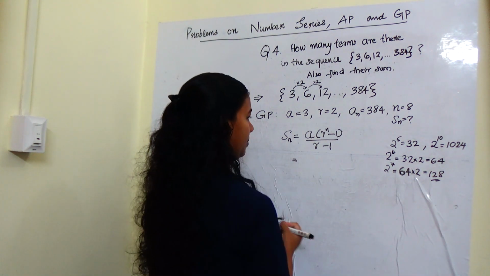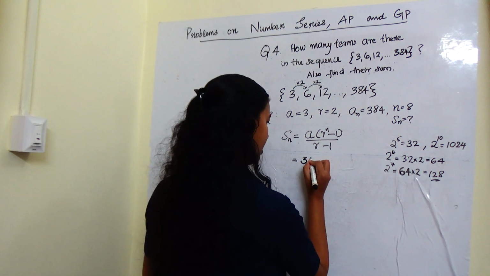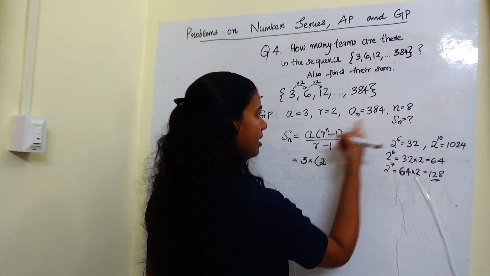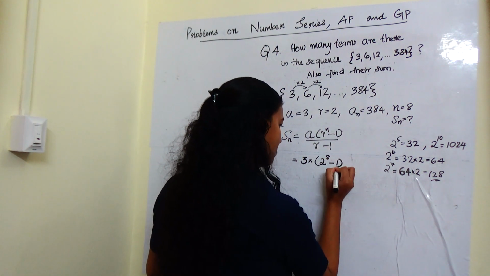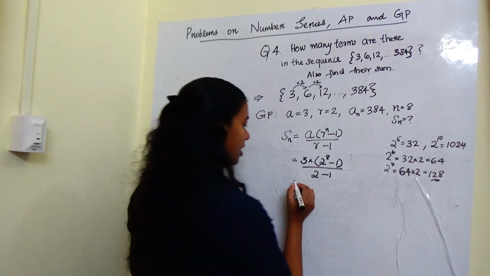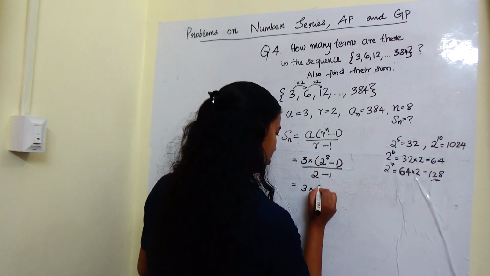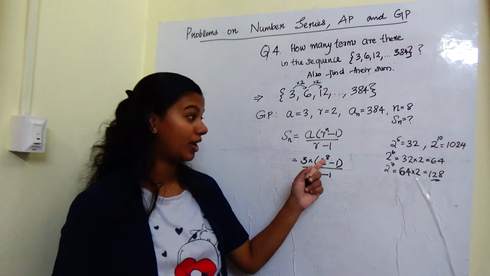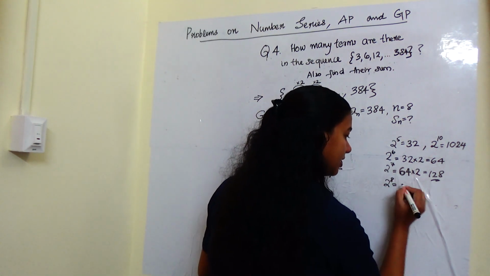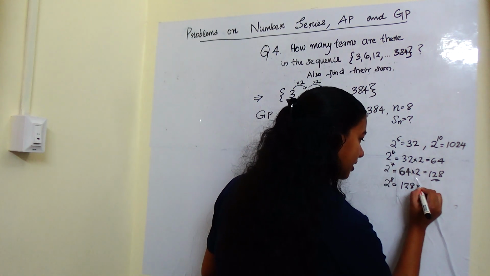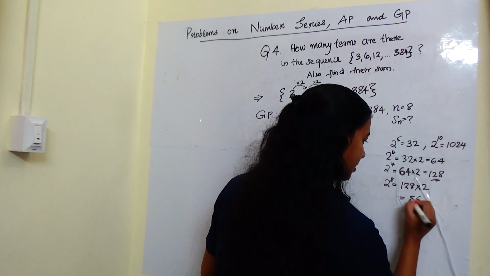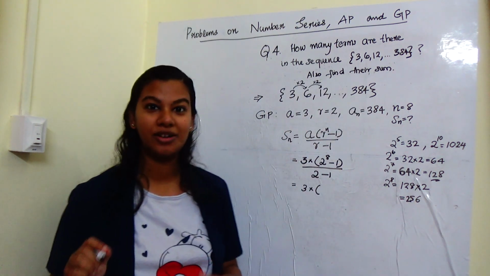So that is equal to A, that is 3, into r is 2, 2 raised to n. N is 8. 2 raised to 8 minus 1 divided by 2 minus 1. So I'll write it as 3 into, what is 2 raised to 8? 2 raised to 8 is 2 raised to 7 into 2. That is 128 into 2. So what do I get? I get 256.